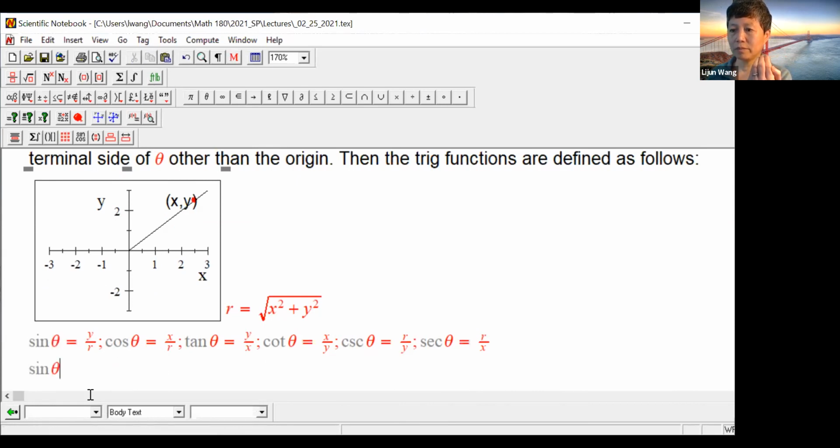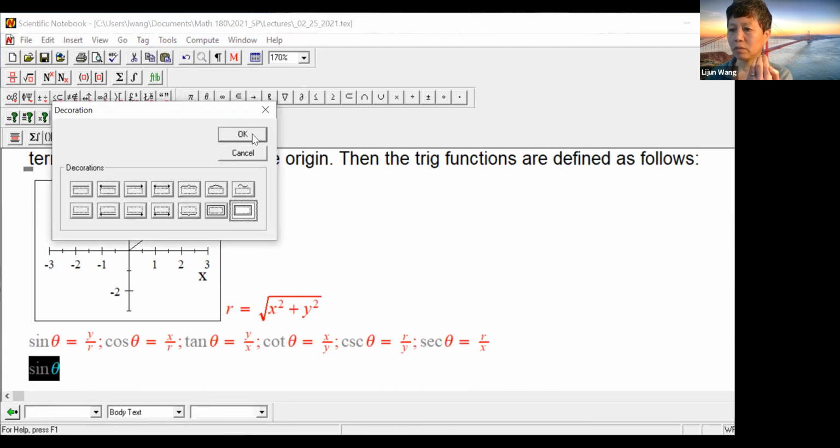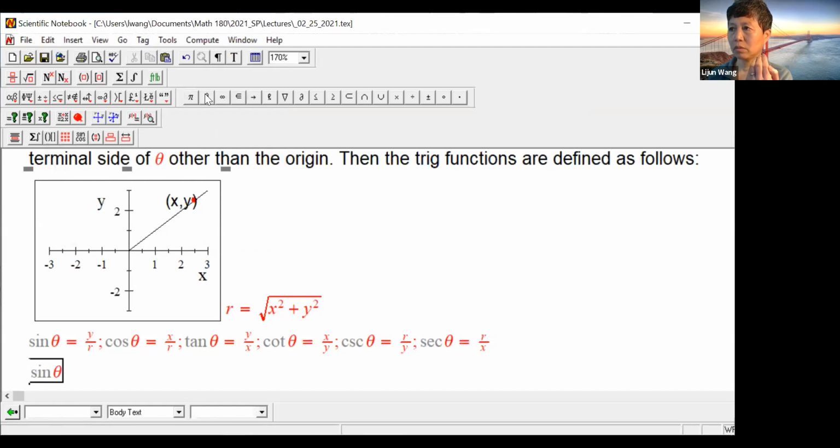Sine theta. What is the input for sine theta? Theta. Input. And what is coming out? It is a ratio. Okay, it is a ratio.